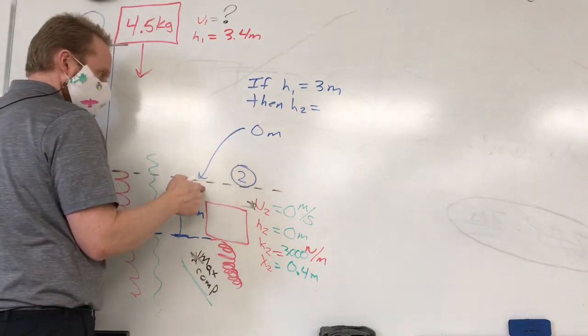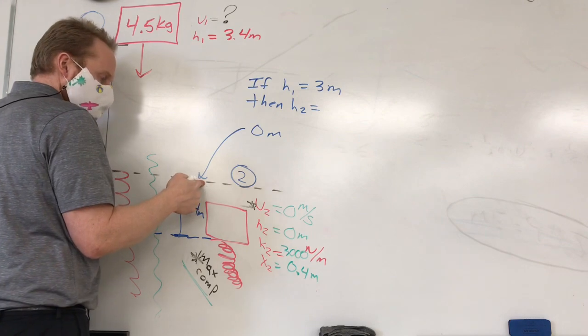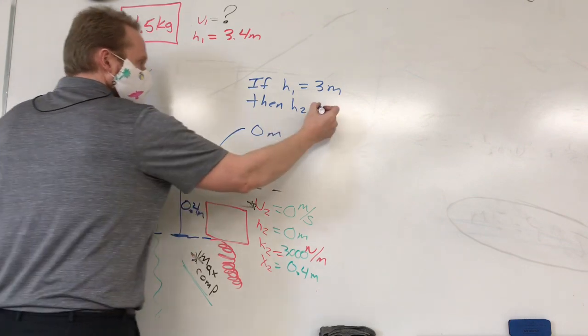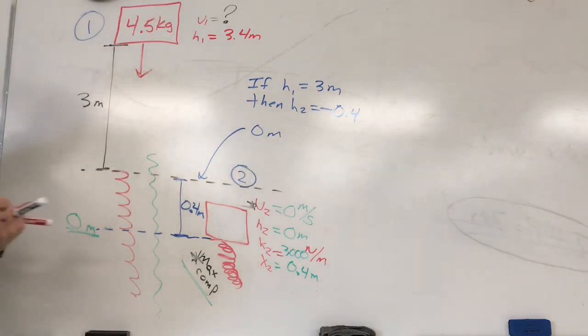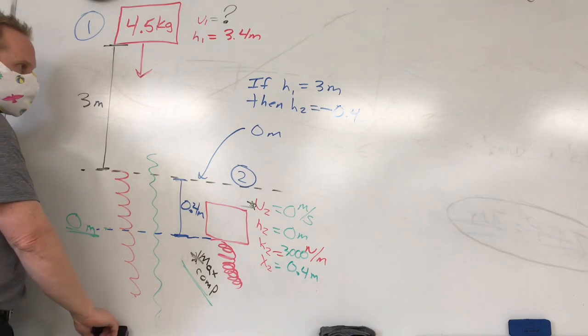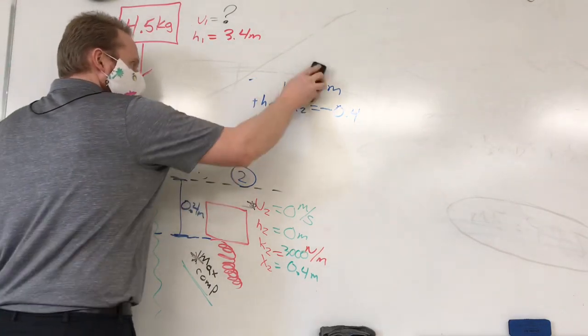If we chose this to be 0, H1 would have been 3, but H2 would have been negative 0.4. Perfectly fine. It's just a different way to define your height to be 0. Typically, the lowest point tends to be our easiest option.